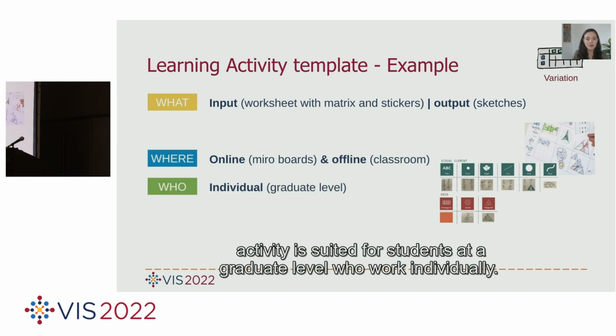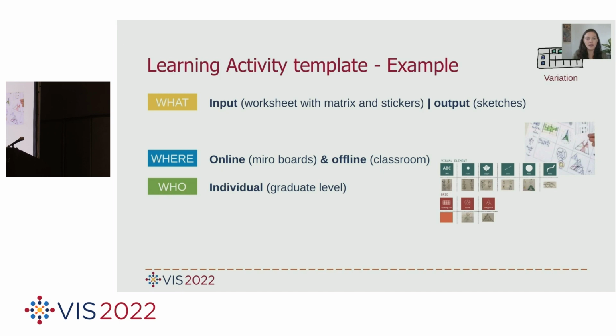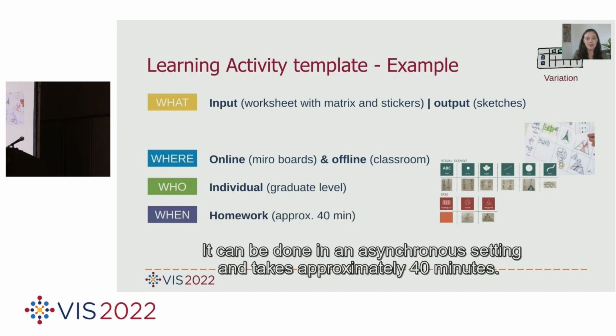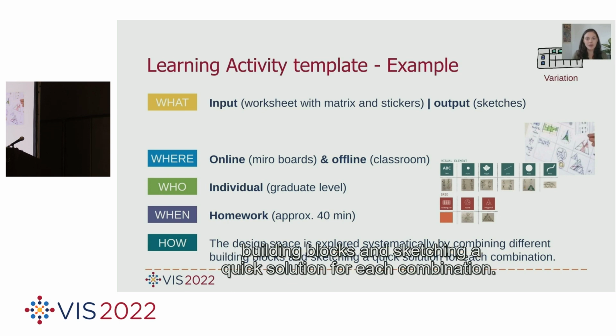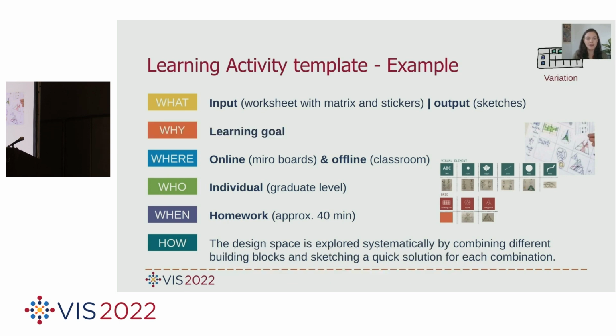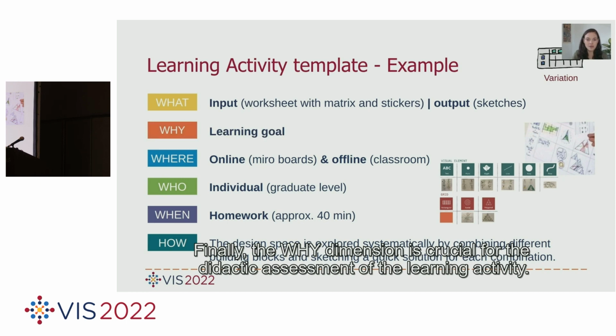This activity is suited for students at a graduate level who work individually. It can be done in an asynchronous setting and takes approximately 40 minutes. The activity offers a systematic exploration of the design space by combining different building blocks and sketching a quick solution for each combination. Finally, the Why dimension is crucial for the didactic assessment of the learning activity.